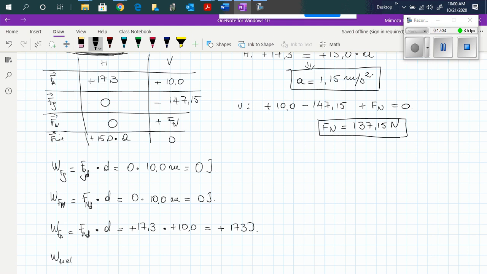And the work net will be the sum of the works that all of those forces have done to the object. So 0 plus 0 plus positive 173 equals positive 173 joules.